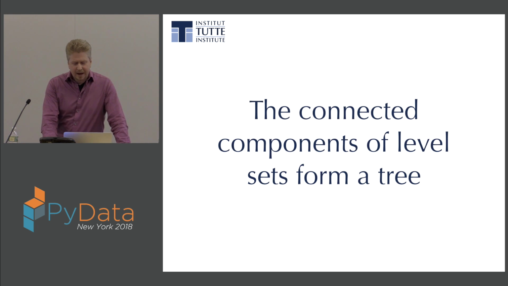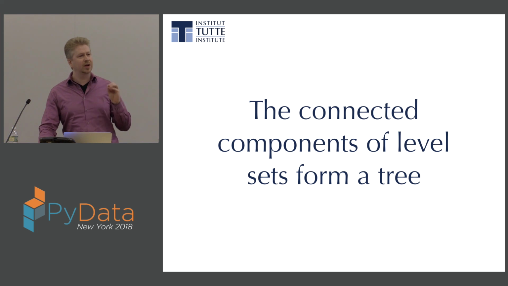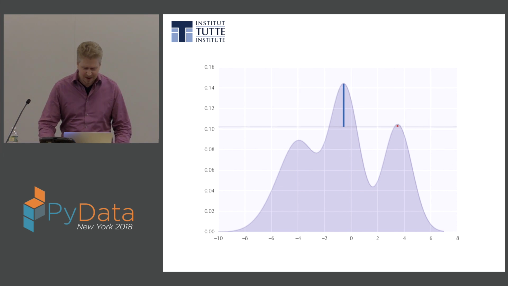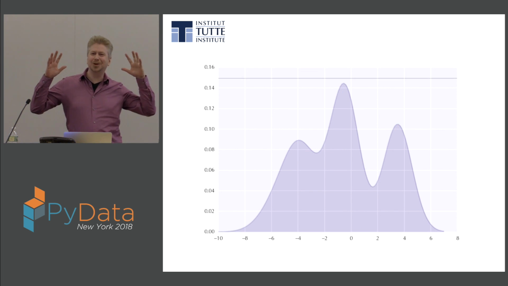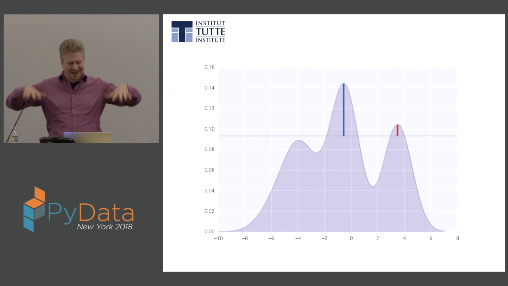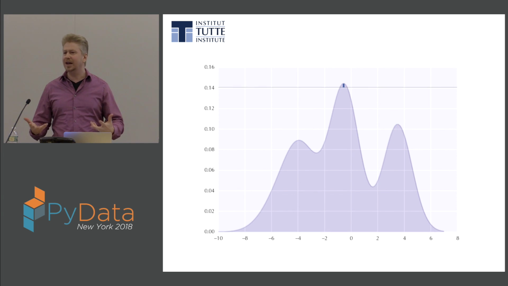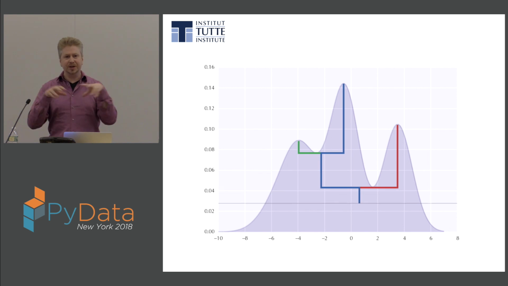The intuition here is that the connected components of a level set are going to form a tree. That's probably best seen with a pretty picture, maybe even an animation. Yes, it worked. As your required density to be included drops, your background points start getting added into your clusters, and as you encounter new branches, these things are going to merge together.